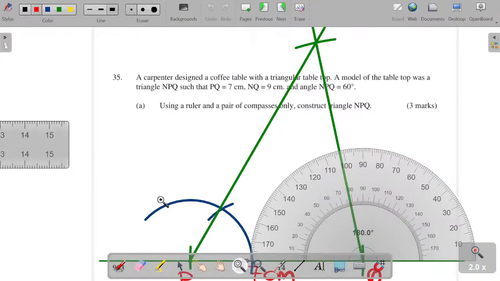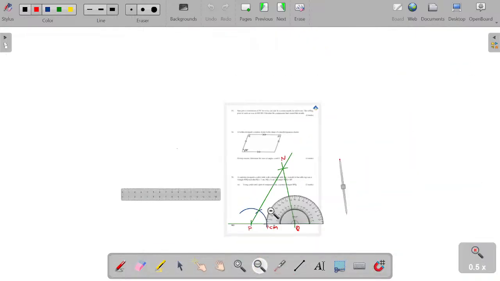Now the size of my angle is roughly at 77. Yes, that's at 77 degrees.